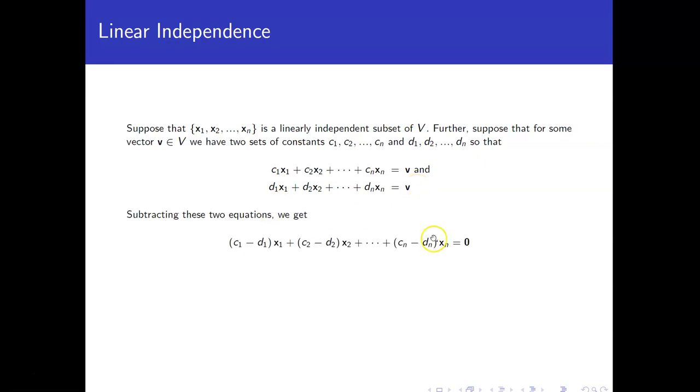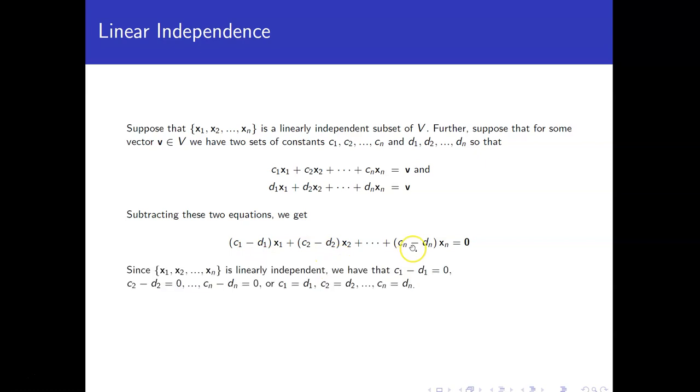Well, if we subtract the two equations, certainly when we subtract the right-hand sides, we get 0. When we subtract the left-hand sides, we can factor out the x's in each of the terms, if you will, and get this. Well, we know that this set x1, x2 out to xn is linearly independent. That forces these coefficients to be 0. If that forces these coefficients to be 0, what does that mean? Well, if they're 0, then C1 had to be D1, C2 had to be D2, and so on down the line.